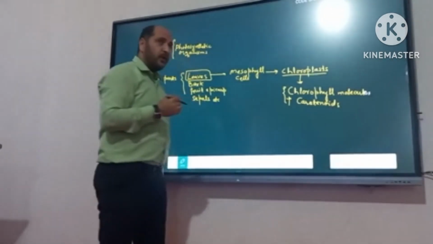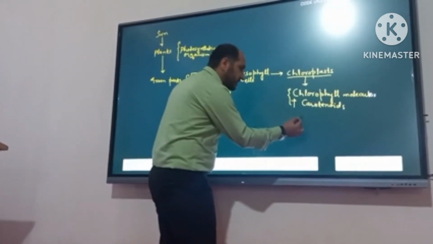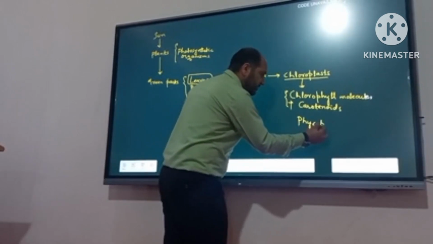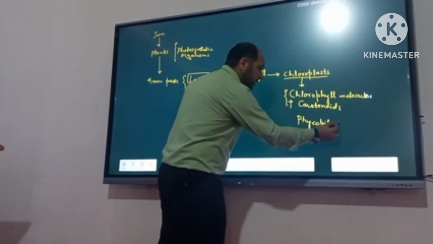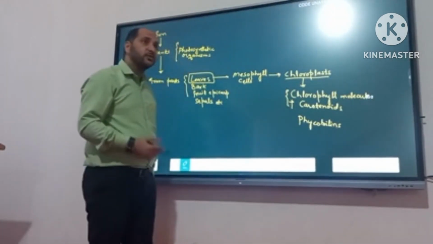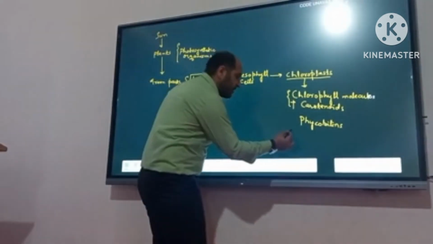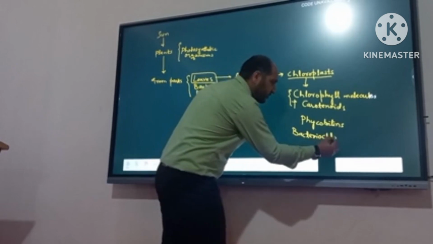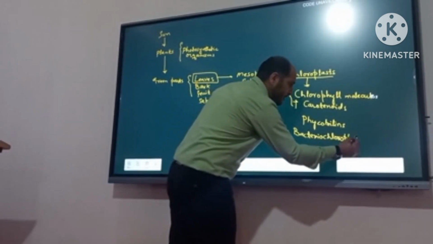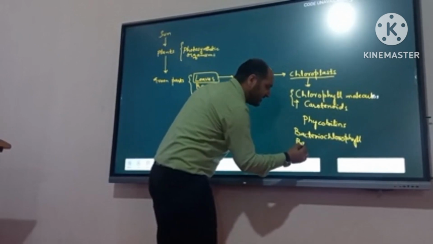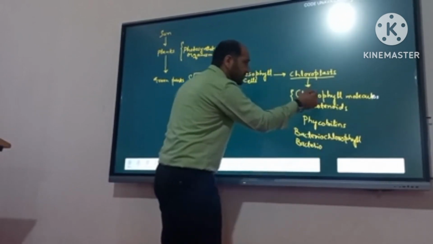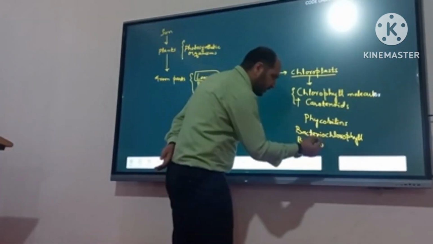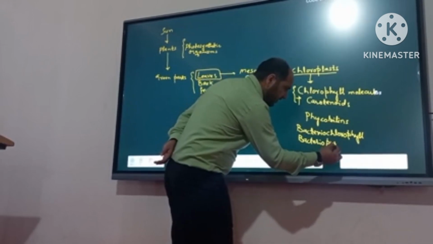In prokaryotes or algae, the accessory pigments are phycobilins, and in bacteria there is bacteriochlorophyll, bacterioviridin, pigments similar to the chlorophyll molecules of higher plants, but with different structures or molecular formulas.